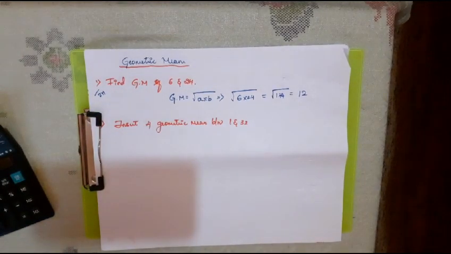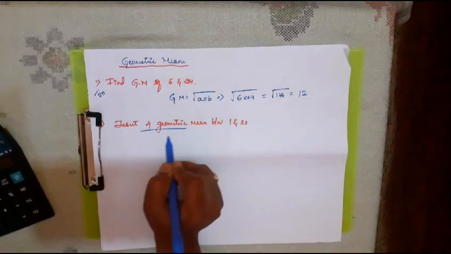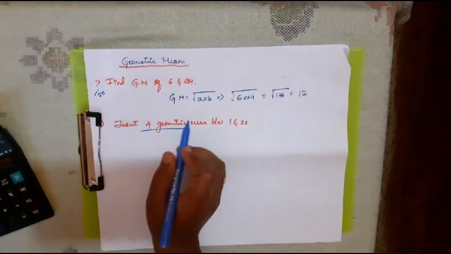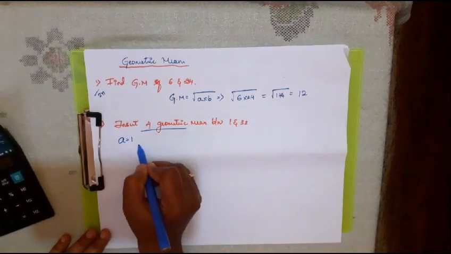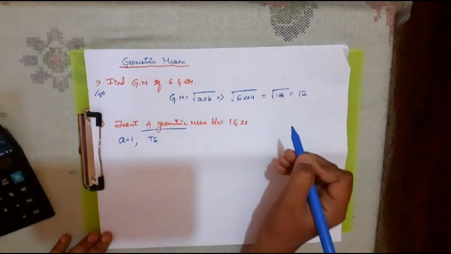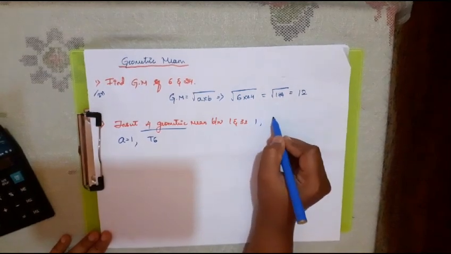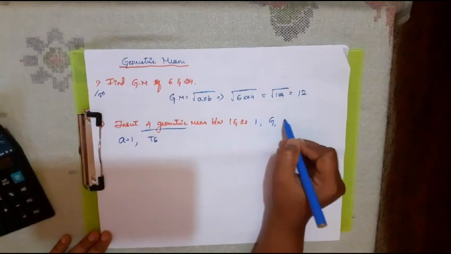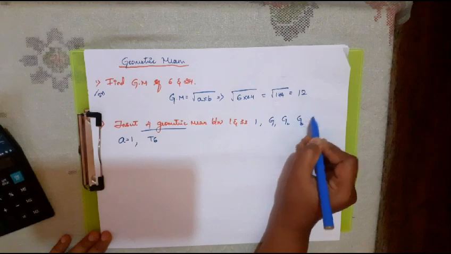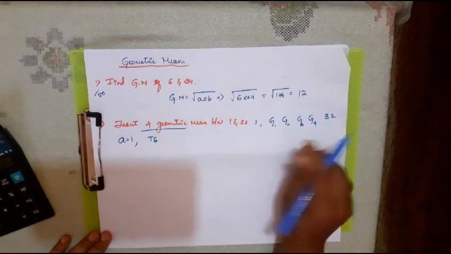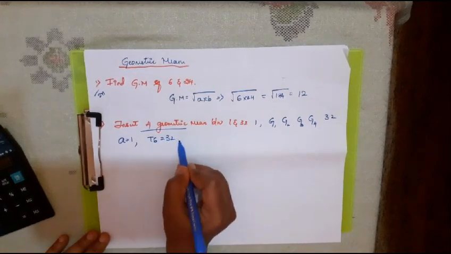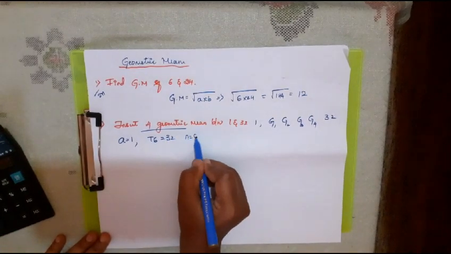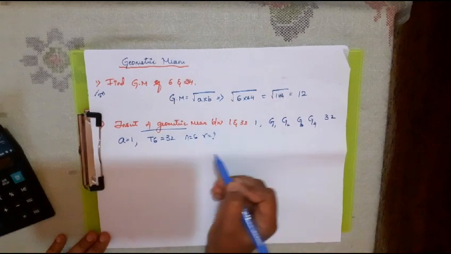So next question, insert 4 geometric means between 1 and 32. They are asking us to insert 4 geometric means. Okay, so here A is 1, T is 6. If we are inserting like 1, G1, G2, G3, G4, 32, how many terms will we get? 6, right? So that's why T6 is equal to 32, N is equal to 6, and R is question mark.